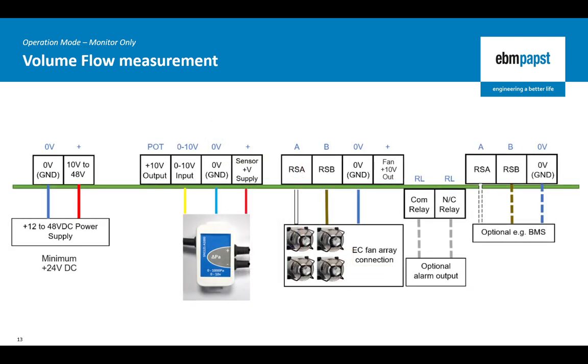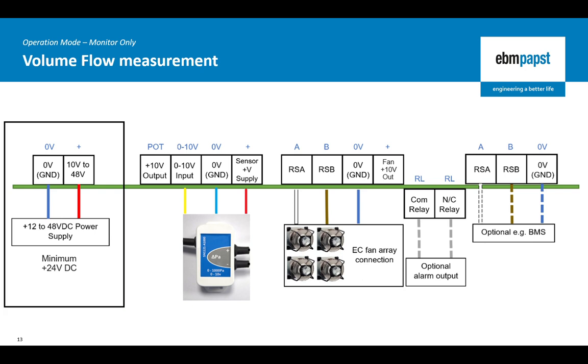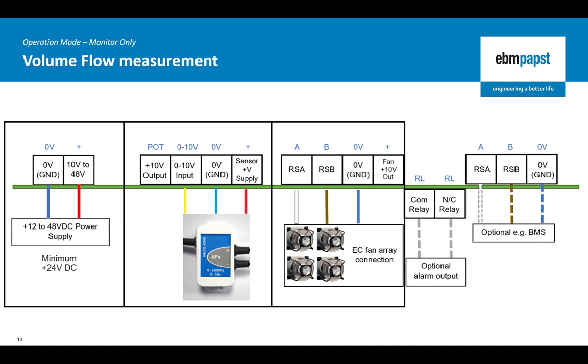To do this, the MDC needs to be connected to a power supply with an output of at least 24 volt DC to power the pressure sensor. The sensor should be connected to the control input terminals and the fan communications connected to the fan array network terminals.